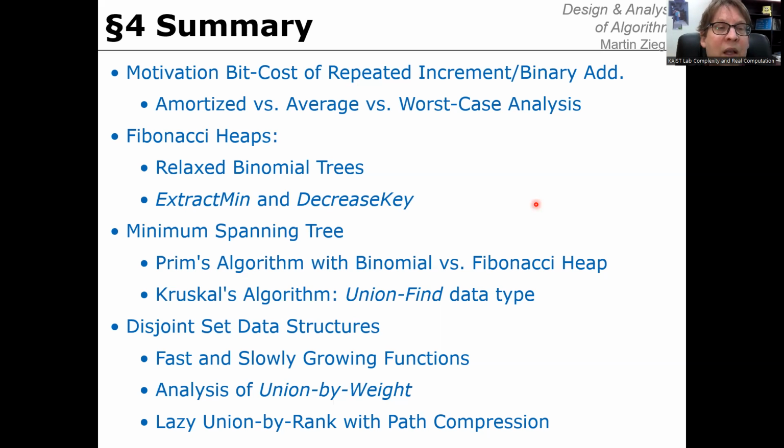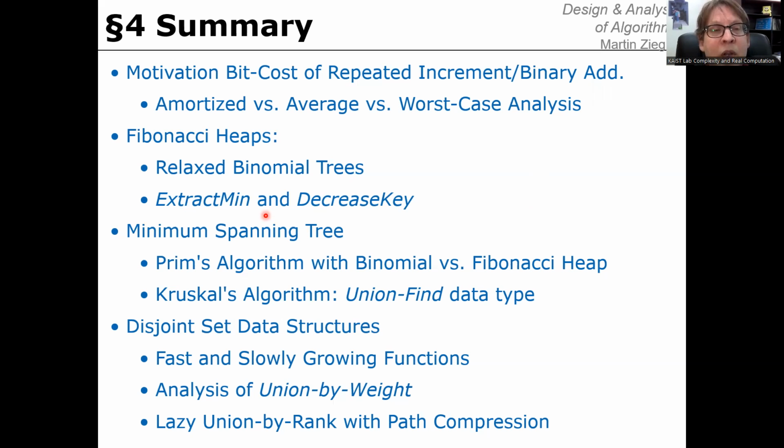And we saw that extract-min has logarithmic amortized cost, decrease key has constant amortized cost, and the analysis of the extract-min operation was built on our previous analysis of repeatedly adding binary powers of 2, because only during the extract-min operation does consolidation happen, whereas in a binomial heap, consolidation happens each time we call decrease key or merge operation.